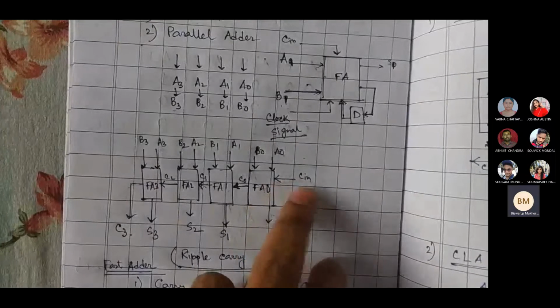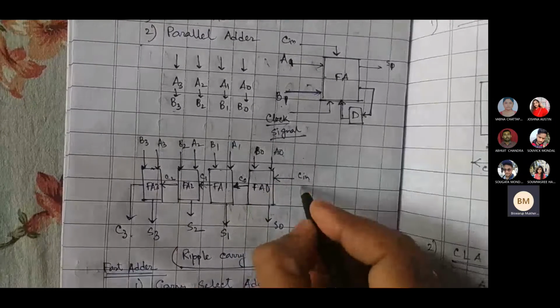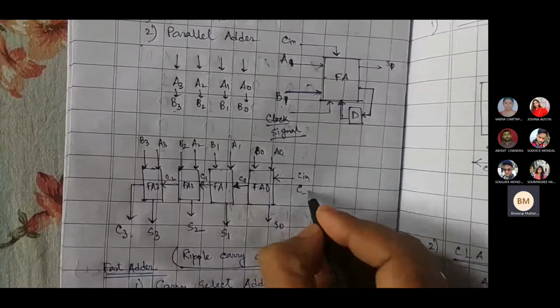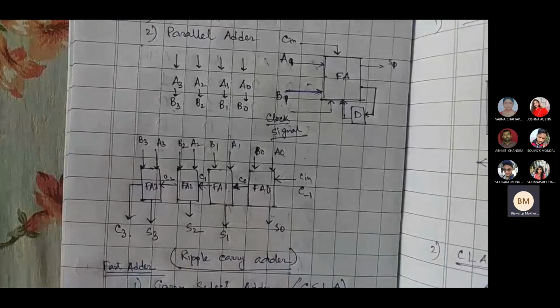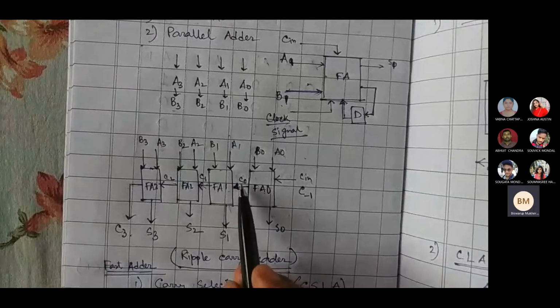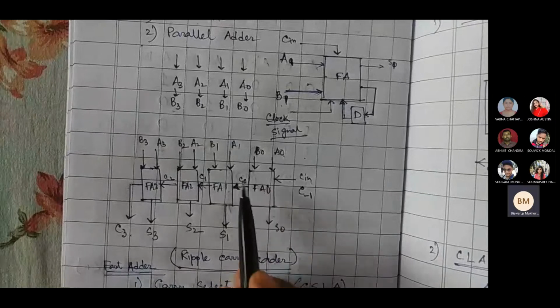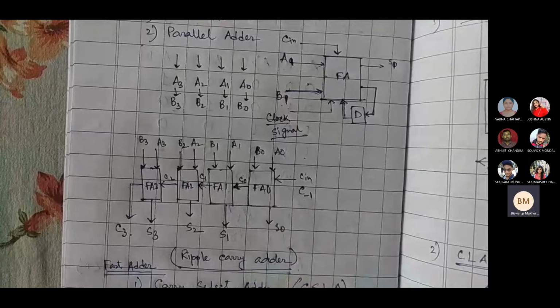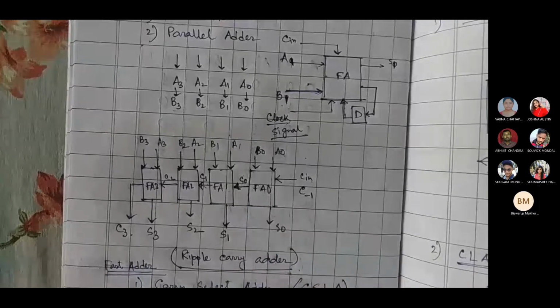Instead of C in, I can also write it as C minus 1, because the next one is C0, which is generated. So before that it is C minus 1.